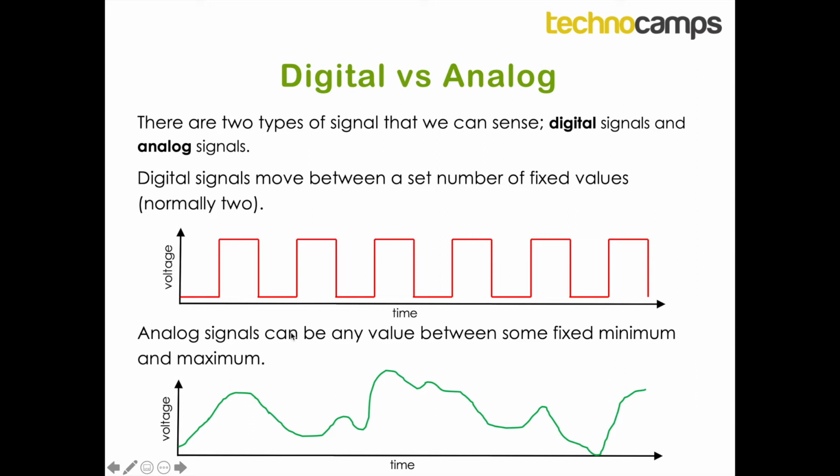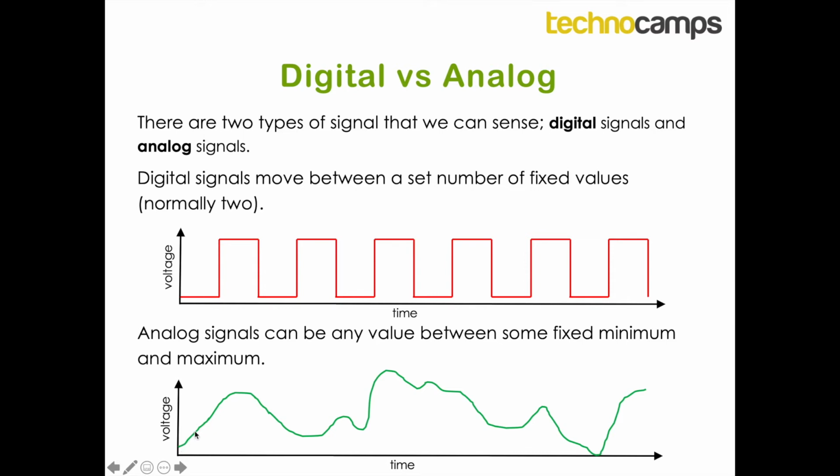An analog signal can be any value between some minimum and maximum. So again, down here I've got a little graph with voltage on the y-axis and time along the bottom. And this time I have an analog signal in green. You can see that it moves up the y-axis smoothly.